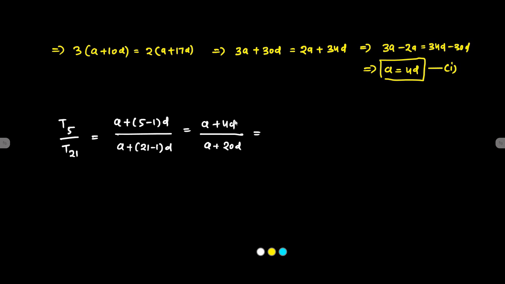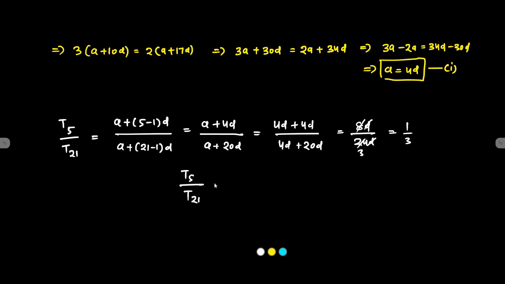Here we'll substitute a with 4d. So we have 4d plus 4d by 4d plus 20d, equal to 8d by 24d. d gets cancelled, so this is equal to 1/3. So the ratio of the 5th term to the 21st term is equal to 1/3. This is the first part of the question.